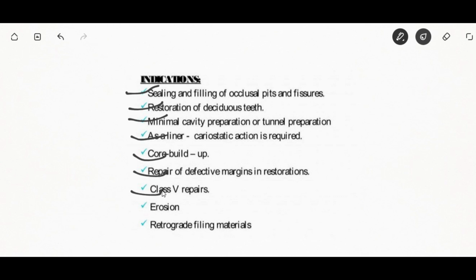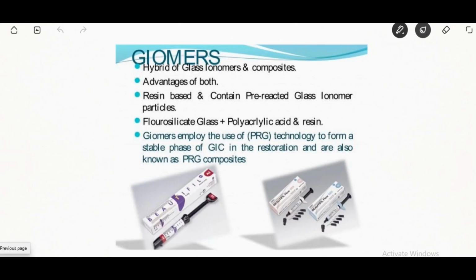The next are the giomers. So giomers are a hybrid of glass ionomer and composite. Remember, they are also known as PRG composite, that is pre-reacted glass ionomer composite.